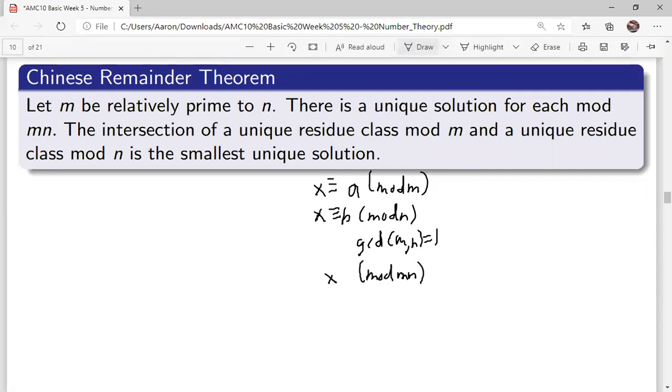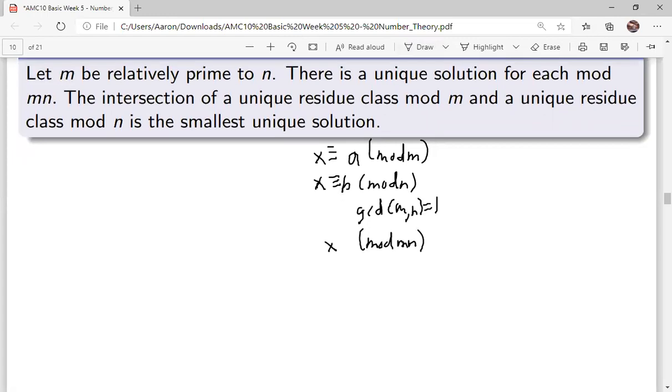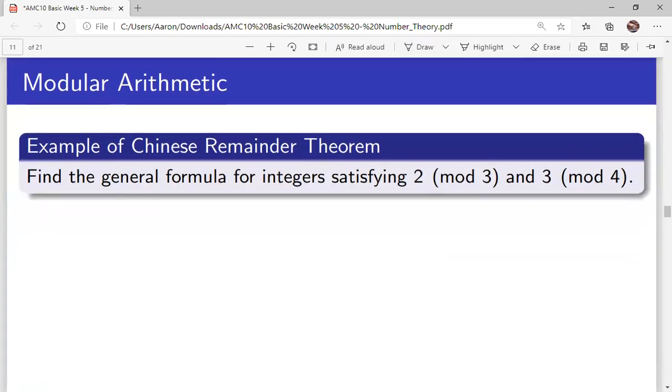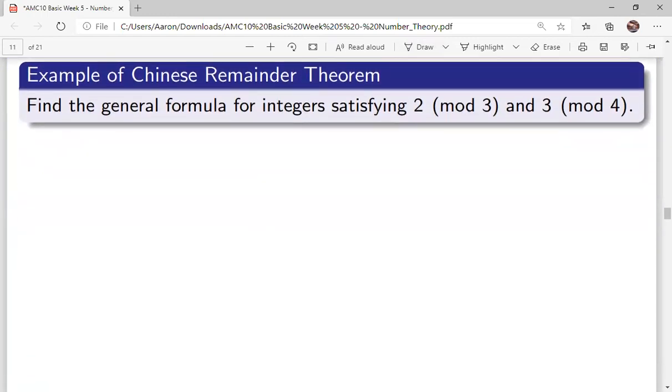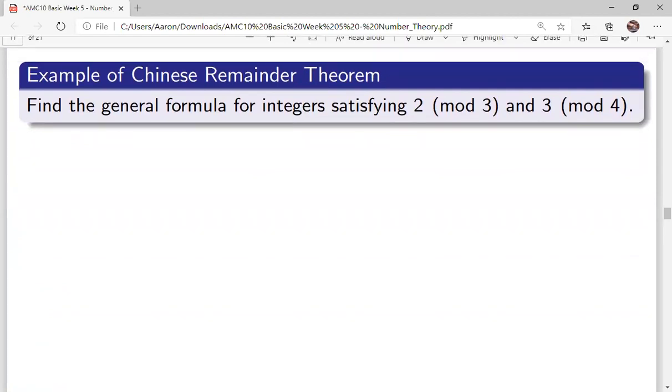That's basically what it's saying. So here's an example of the Chinese remainder theorem. And this is a pretty small case.